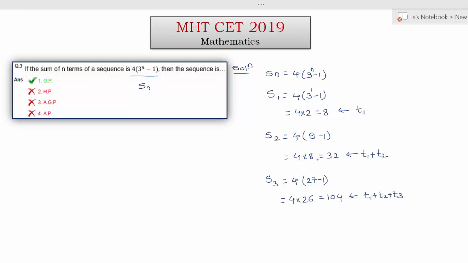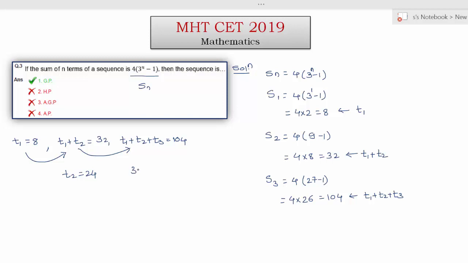So students, what we got from these three results is T1 is equal to 8. Okay. T1 plus T2 is equal to 32 and T1 plus T2 plus T3 is equal to 104. Let's try to simplify. Let's put T1 as 8 here. So we get T2 as 24. Let's put T1 plus T2 as 32 here.